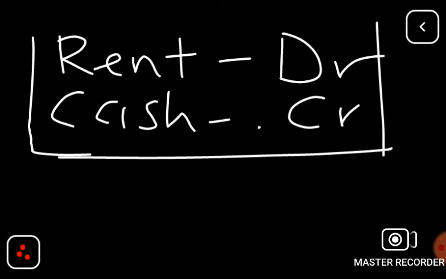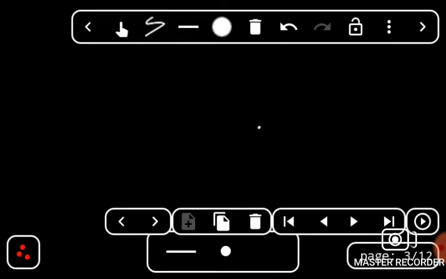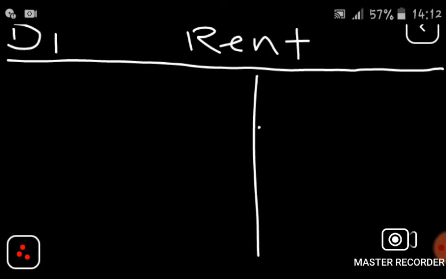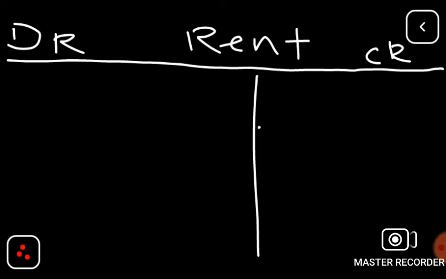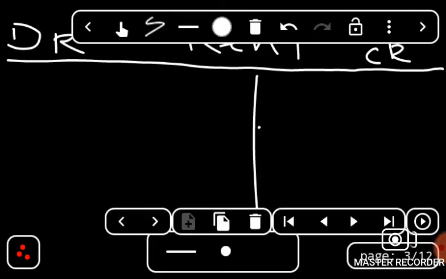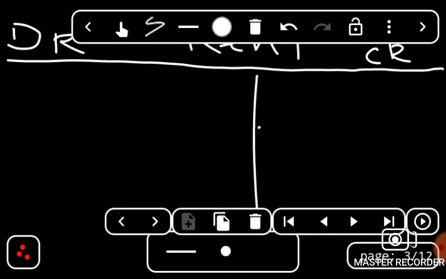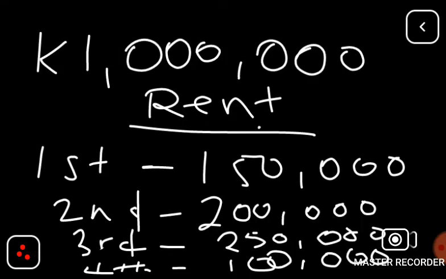Now in the rent expense account, remember we said this side is our debit and this side is our credit. Let's go back to our payments. Yes, the payments are here.